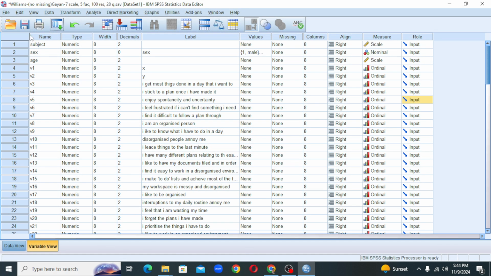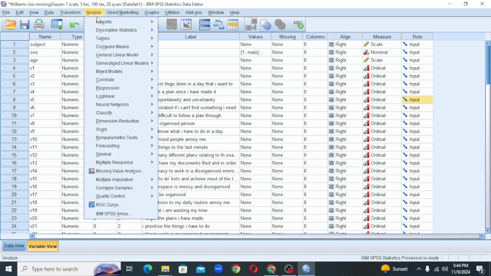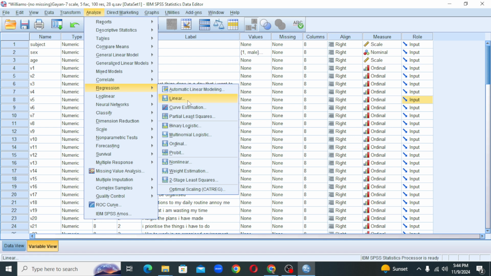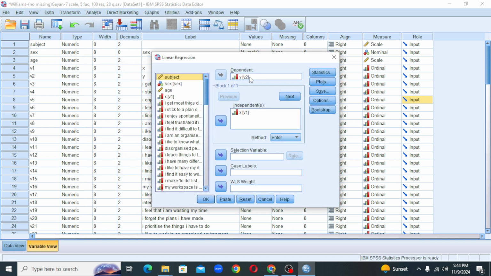For that, select Analyze, Regression, Linear. You will be entering the variables. For Dependent, we will be selecting Y. For Independent, select X, and there is no need to select a method since this is a simple linear regression analysis.